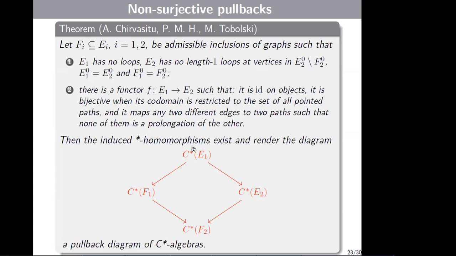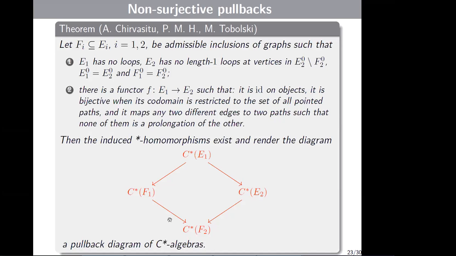Here, these maps are given by contravariant functors. I have admissible inclusion of F1 in E1 and admissible inclusion of F2 in E2. And then here I have these wrong way morphisms, these covariant morphisms. I have the induced map from C star of E1 to C star of E2. And you can check that it co-restricts, that it preserves the kernel. It co-restricts to a quotient map in here.